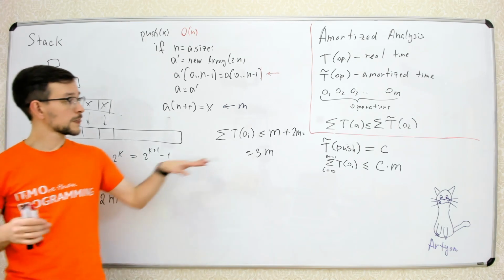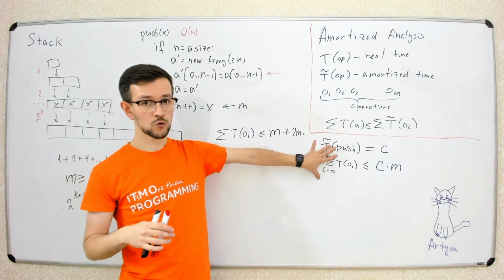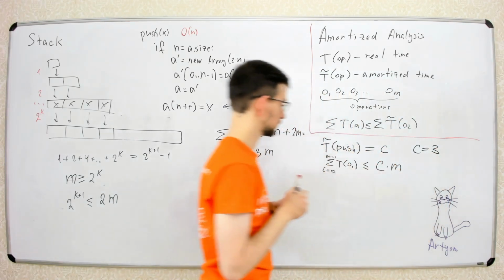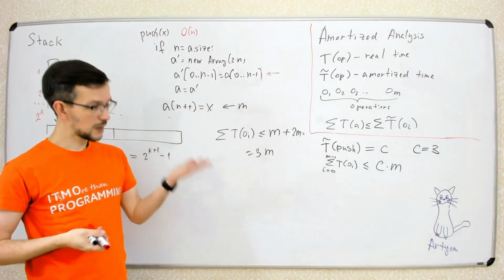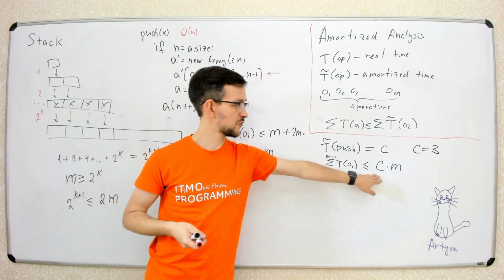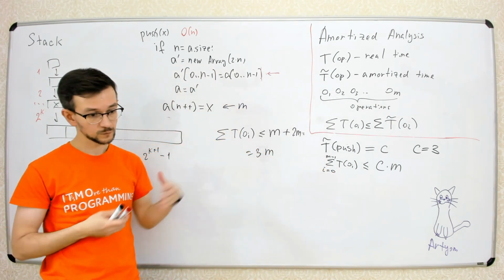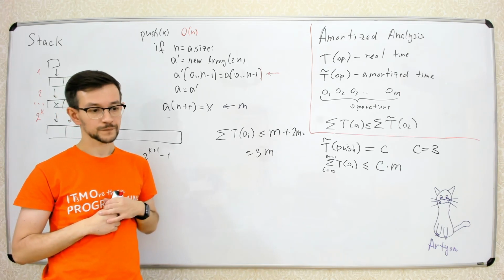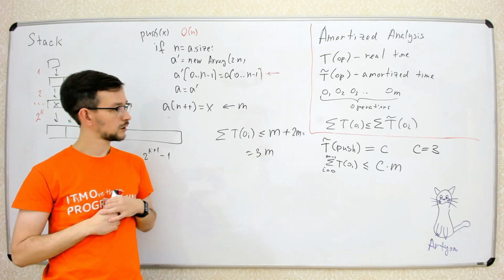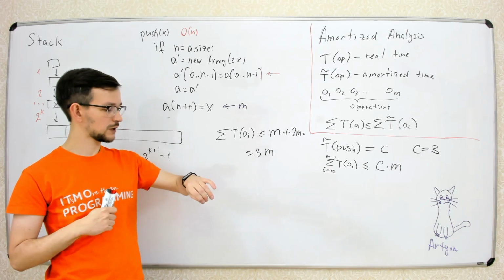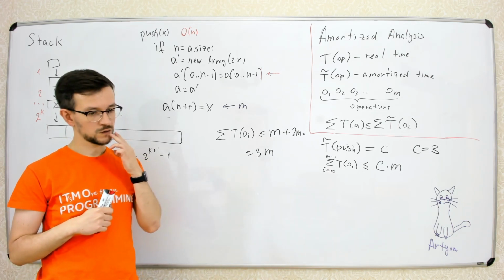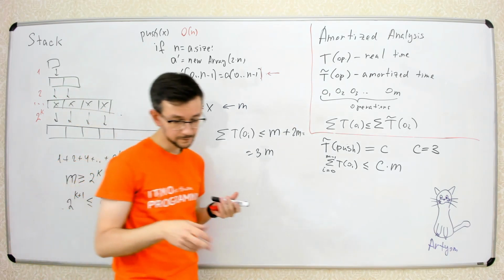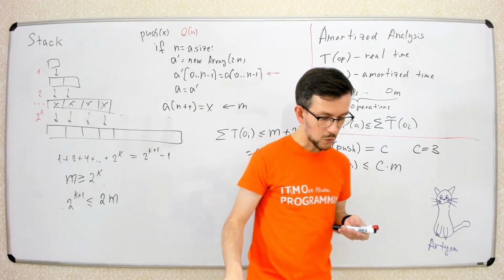That's all. So now we go back to what we need to prove. If we take c equal to 3, then we need to prove that the sum is no more than 3m. We just proved this. Any questions by now? Okay. Why 3m?